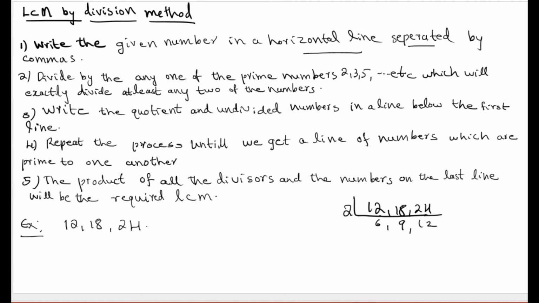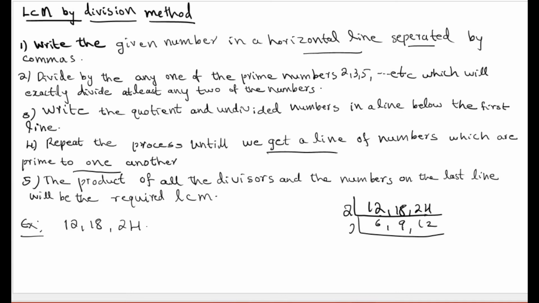Next, repeat the process until we get a line of numbers which are prime to one another. That means you need to divide continuously until, in the last line, you get prime numbers only. So here, the next number I am taking is 3. 6 is divisible by 3, 9 is divisible by 3, 12 is also divisible by 3.